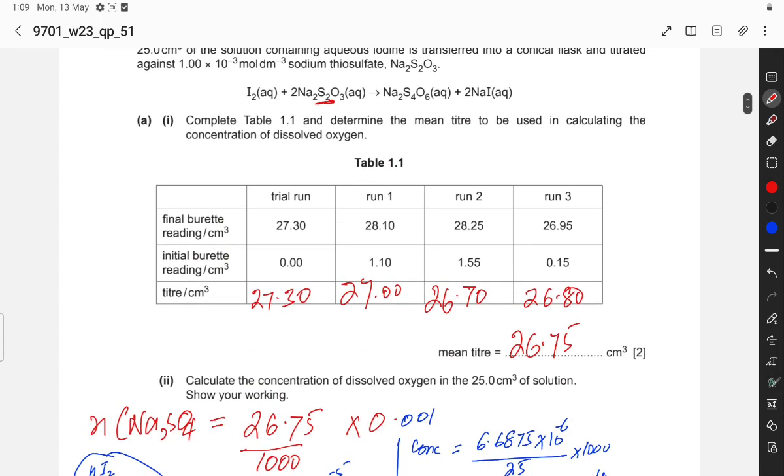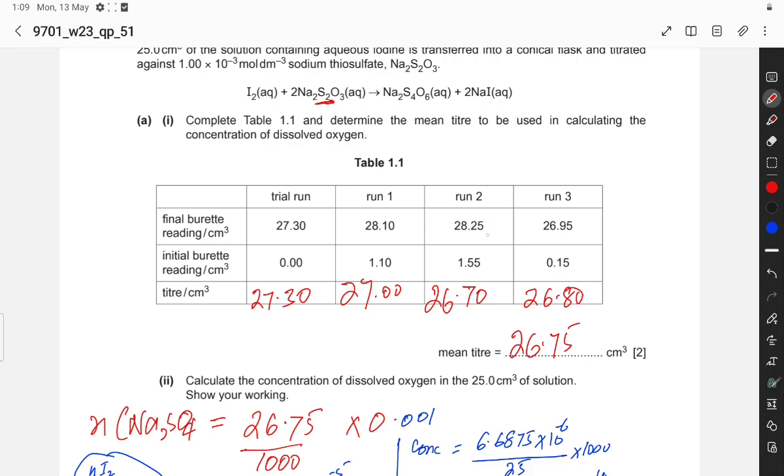Complete Table 1.1 and determine the mean titre to be used in calculating the final burette reading and initial burette reading for the trial run, run 1, run 2 and run 3. So this is 27.3 and the initial reading is 0.00, and run 1 is 28.10 and 1.10.